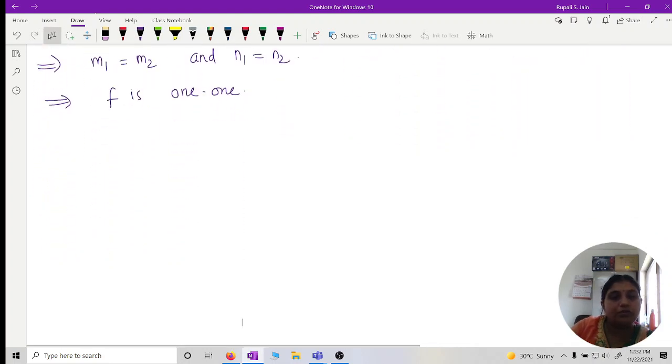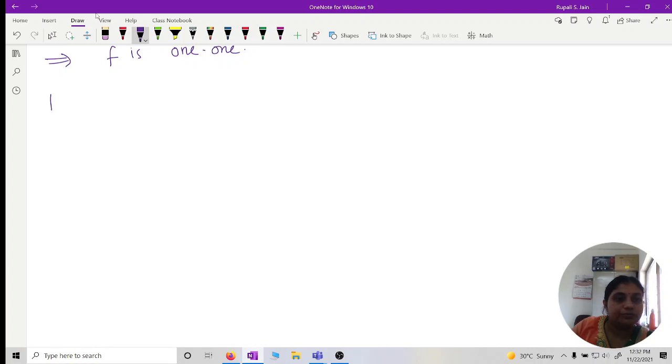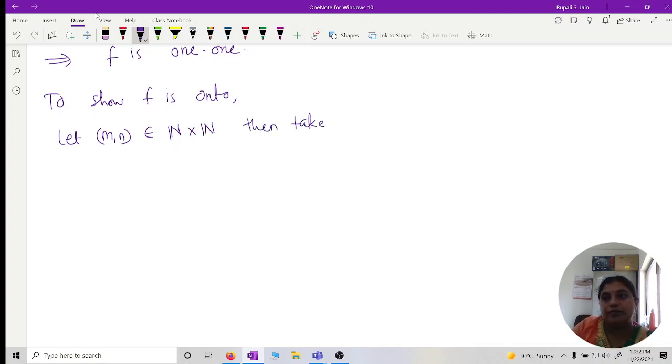Now to show it is onto, how can I say it is onto? Let m, n belong to N cross N, from the codomain. Then take k is equal to 2 raised to m minus 1, 2n minus 1, which belongs to N, right? Is that okay?